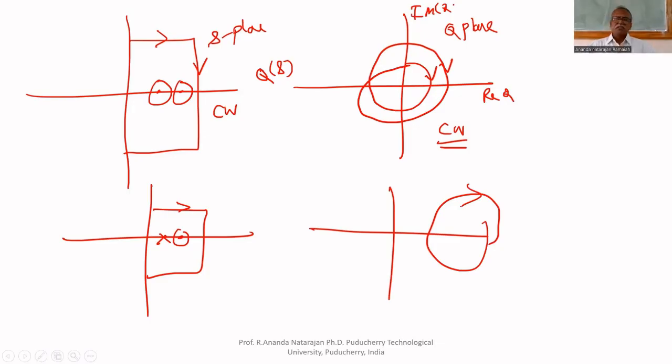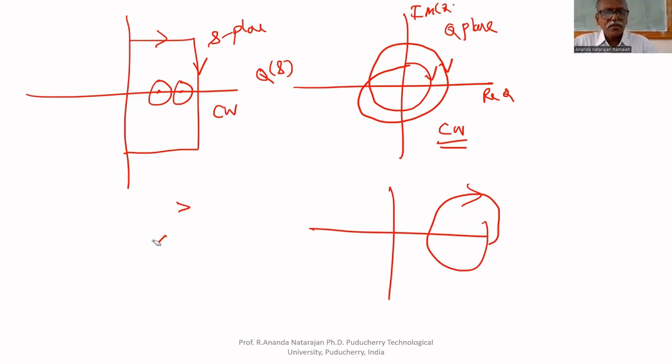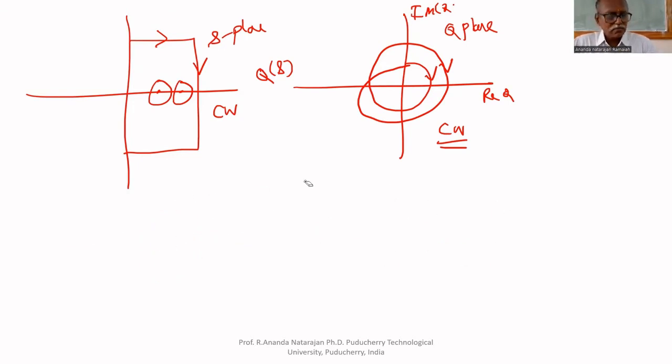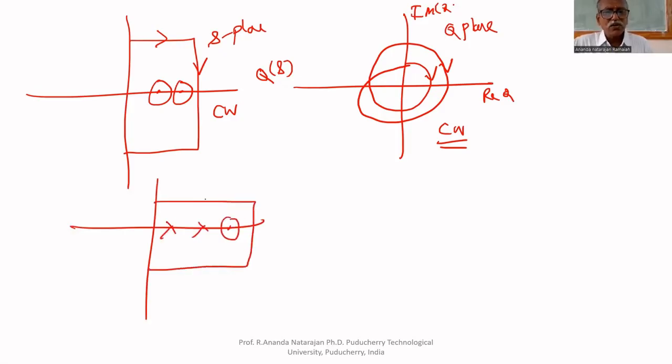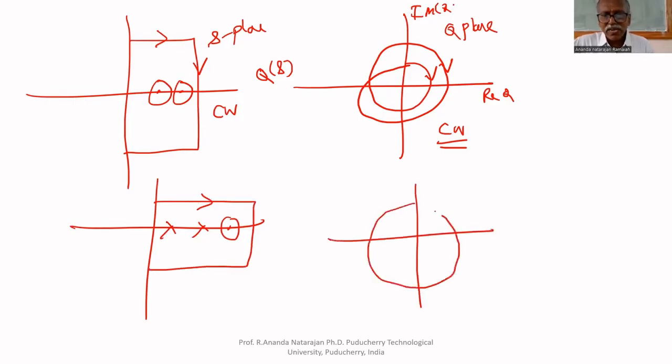Suppose I have two poles and one zero inside the contour. It will encircle the origin in the anti-clockwise direction only once in the Q plane. The contour is taken in the S plane.